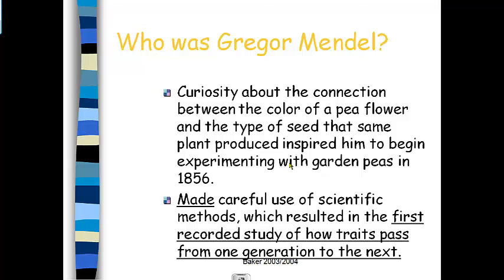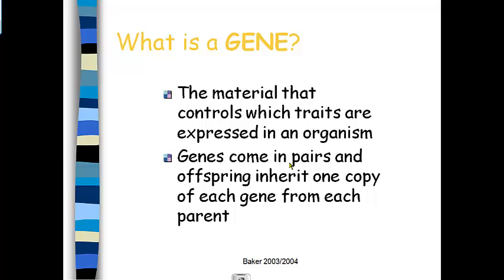And others would be pink. And so he figured out that there was a pattern between the parents' flowers and the children's flowers, and therefore the baby pea plants must be inheriting the colors from their parents. And he made very careful scientific observations, and he used scientific methods to discover this. And actually he discovered this in about 1856.